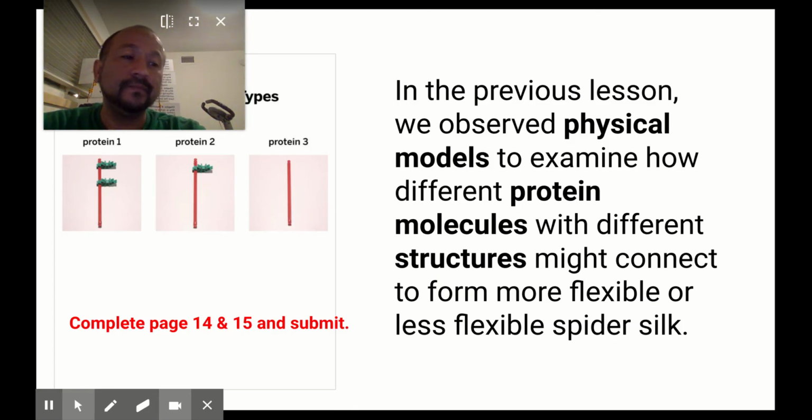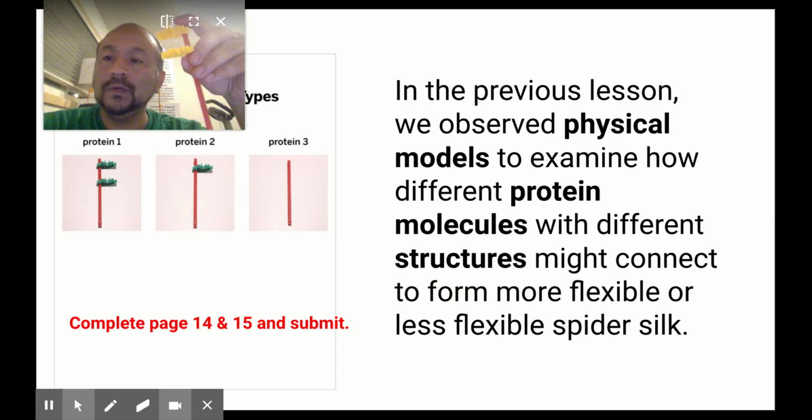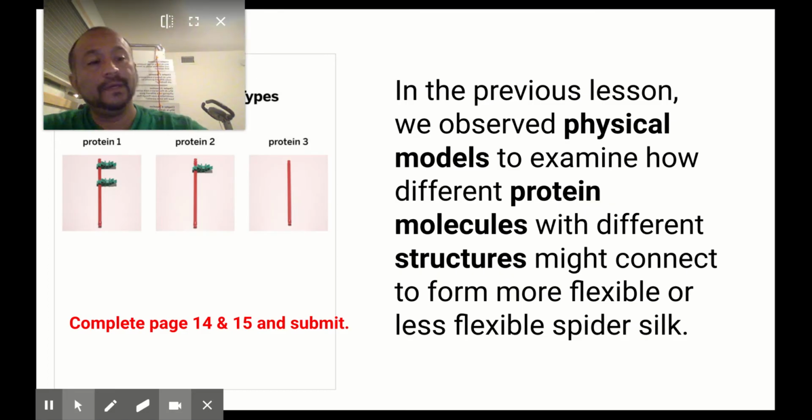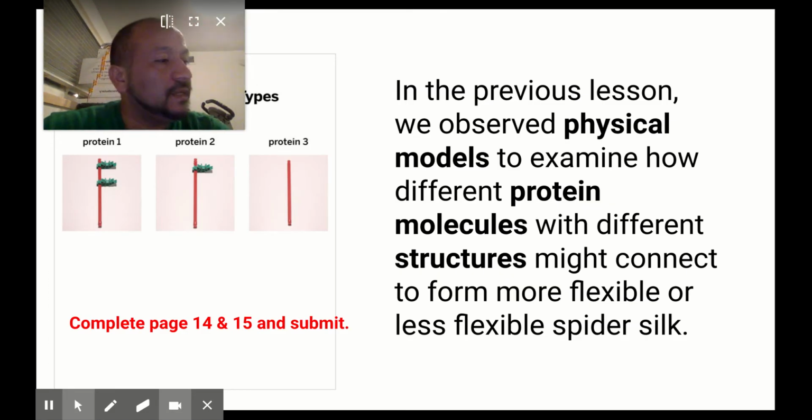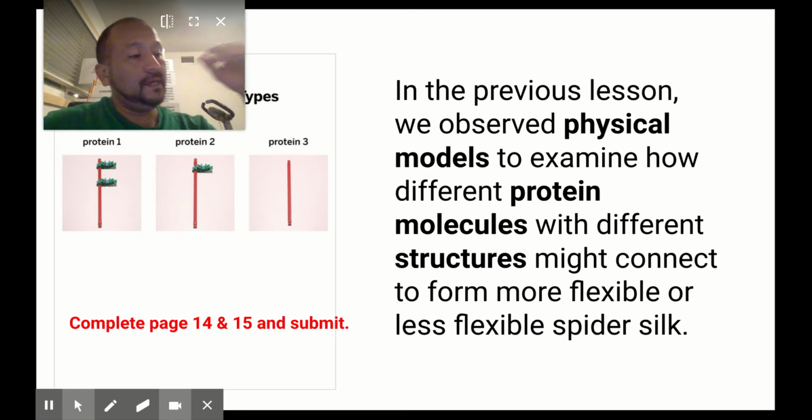So this is 2. And this one has 2 yellow pieces on it. We're going to call this protein number 1. Okay. So you can go ahead and draw those on page 14. And then we will do that activity on 14 and 15, where we're comparing the flexibility of the protein strands.